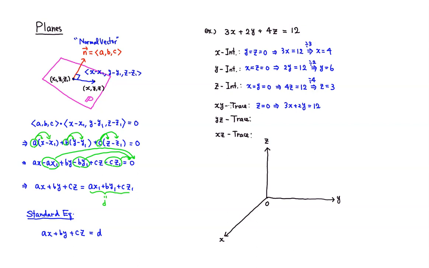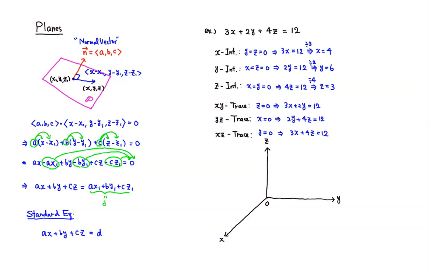If you want the yz trace, we set x equals 0, so you're going to get 2y plus 4z is equal to 12. And if you want the xz trace, we set y equals 0, so you have 3x plus 4z is equal to 12.